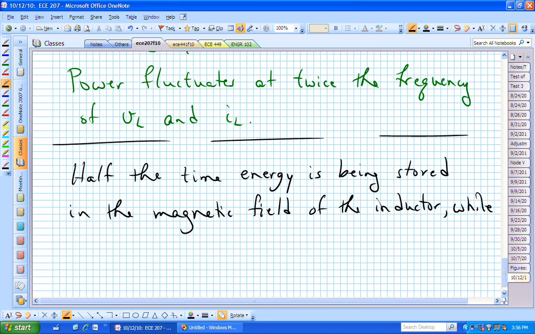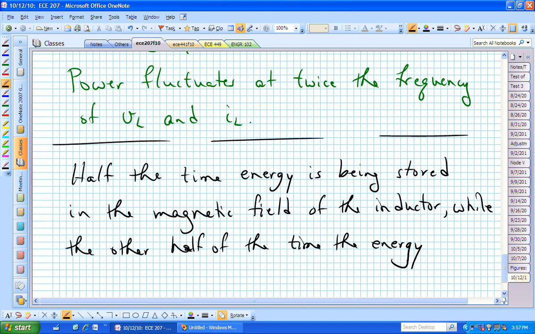That's half the time. The other half of the time, that inductor gives back that energy to the source. That's when it's negative. When it's positive, it's taking this energy in and storing it in the magnetic field of that inductor. When it goes negative, it starts giving it back to the source.